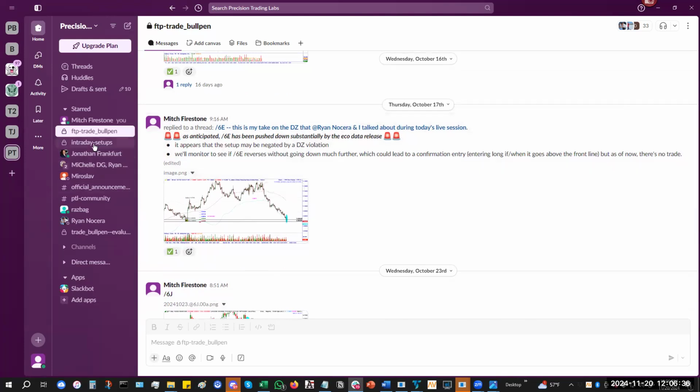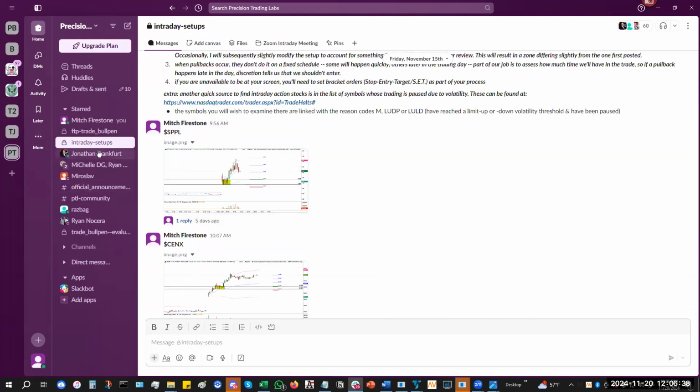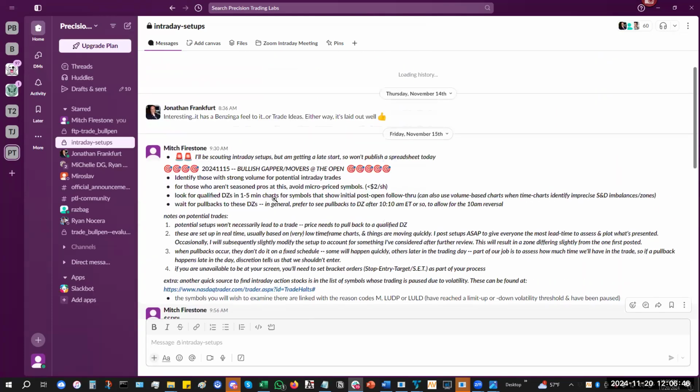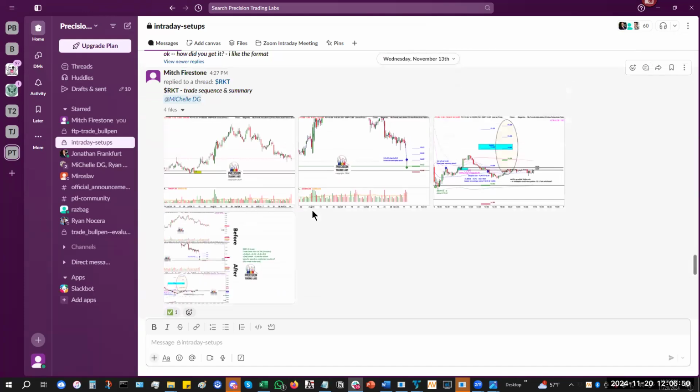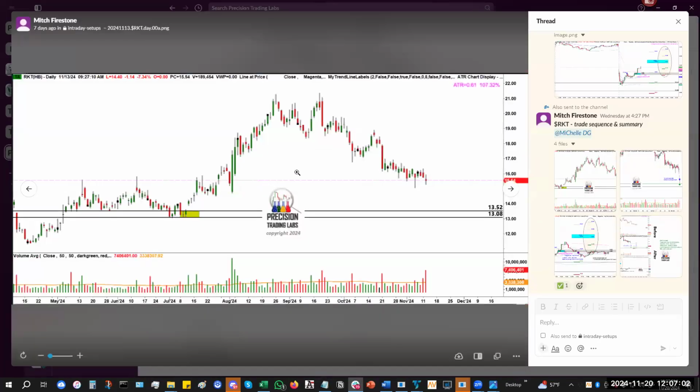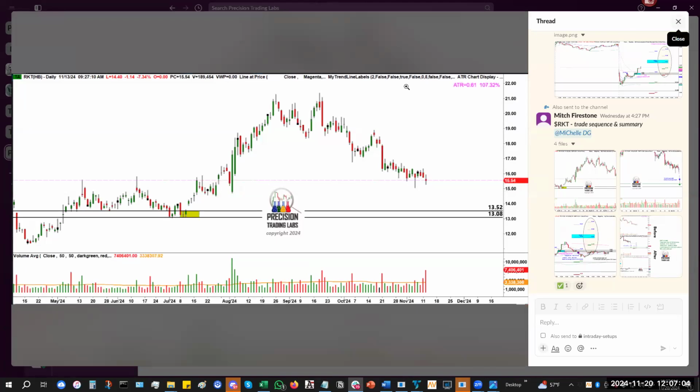Similarly, on an intraday basis, we have intraday trading of stocks. These are generally cheaper share prices, in the mid or high single digits, and then occasionally $15, $20, $30, $40 shares.